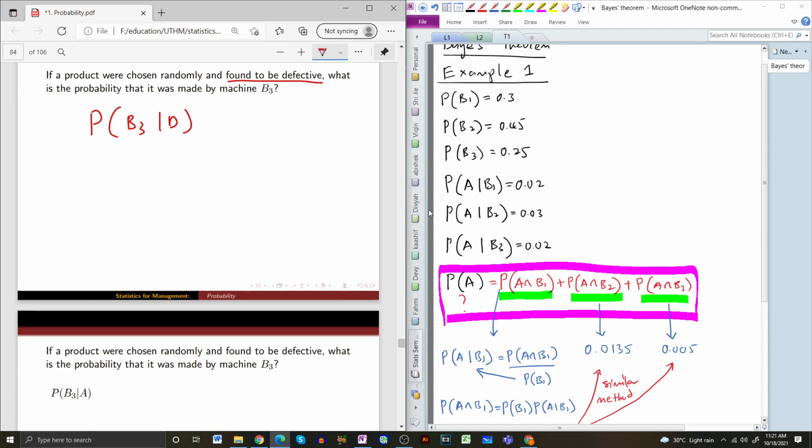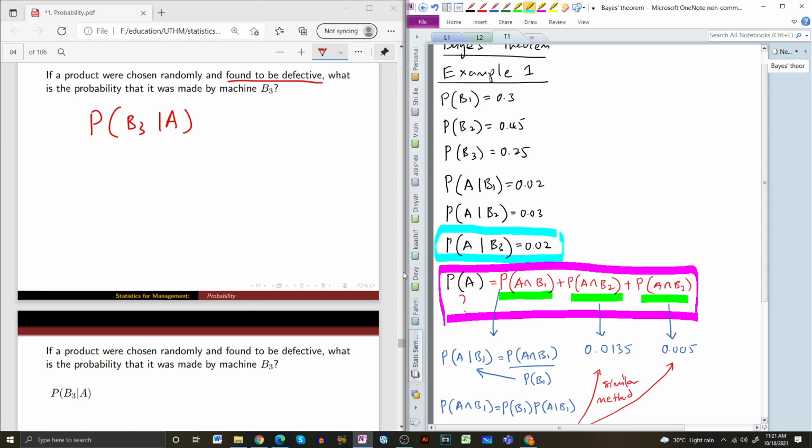Previously, defective is A. We have this information, A given B3, but now what we have to find? The other way around. We have to find B3 given A.